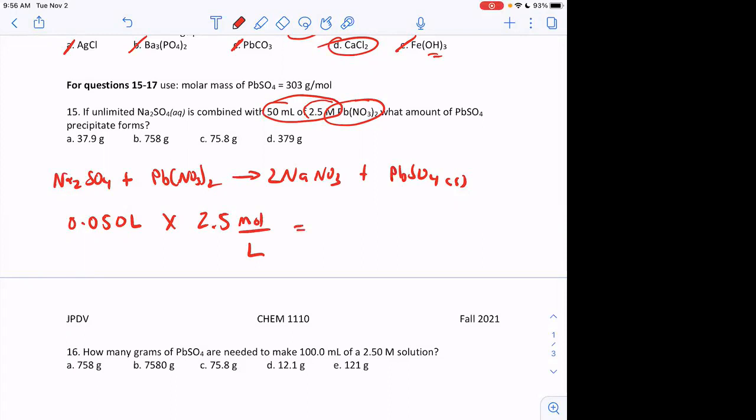And that'll give us what? 12 point, no, not 12. 1.25 or 0.12? 0.125 moles. And this is actually lead nitrate.